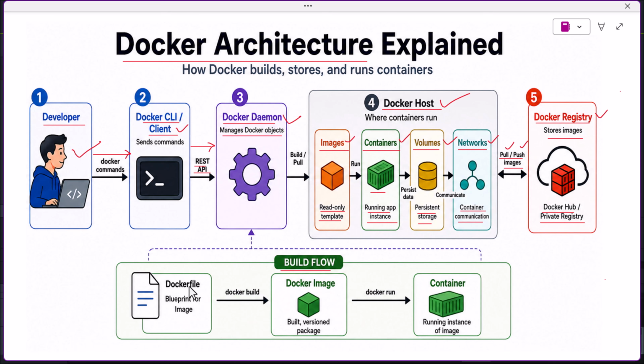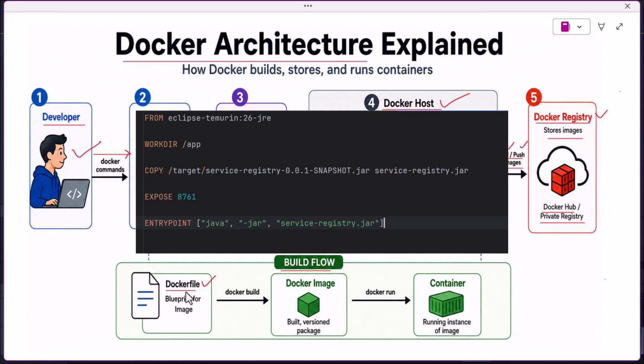Now let us understand the complete build flow. The process normally begins with a Docker file. A Docker file is a text file containing instructions for building a Docker image. It may specify a base image, copy application files, install dependencies, expose a port, and define the command used to start the application.